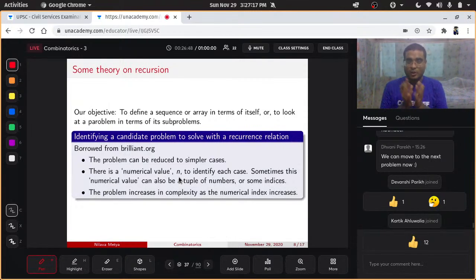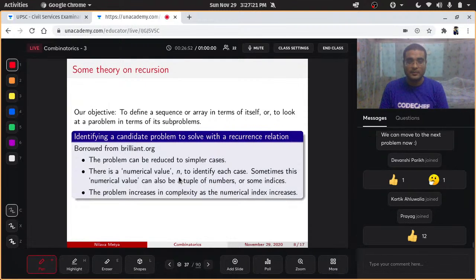And to each problem, I can associate a size, which was n in this case. But it need not be n every time, as you will see in the DP sessions. Sometimes this numerical value can also be a tuple of integers, maybe a pair or a triplet of integers and so on.